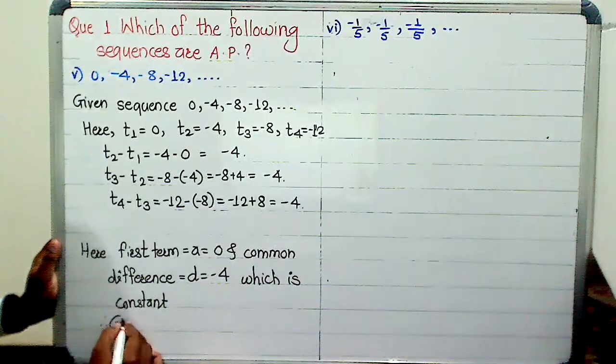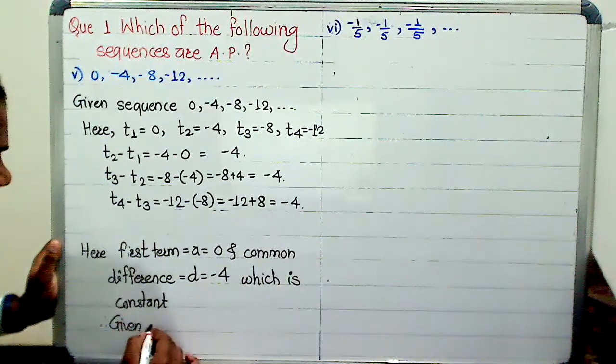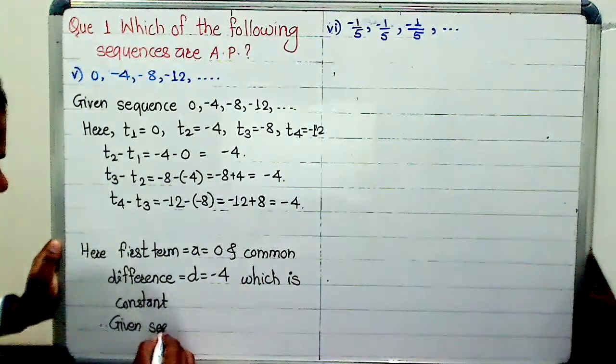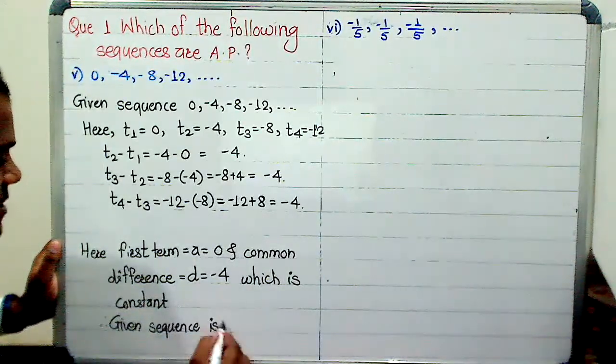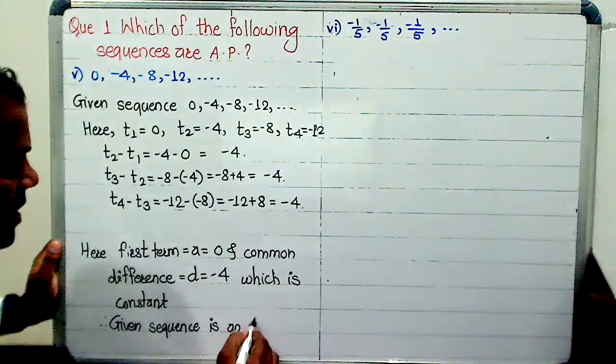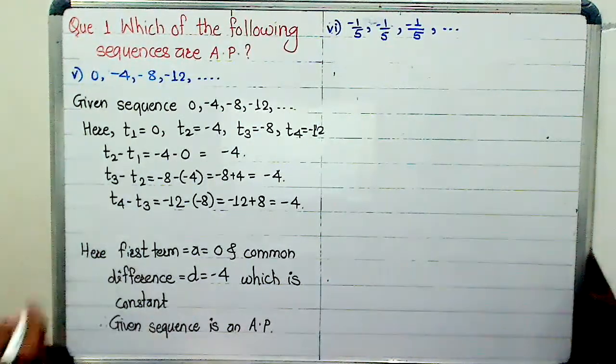So therefore, given sequence is an AP. So now we'll solve the next example.